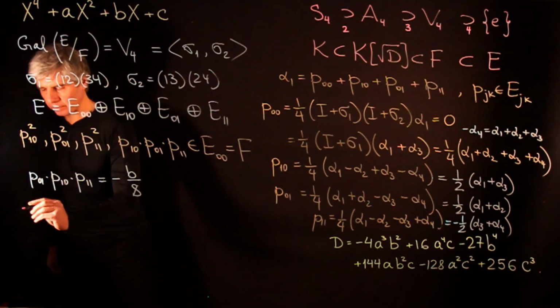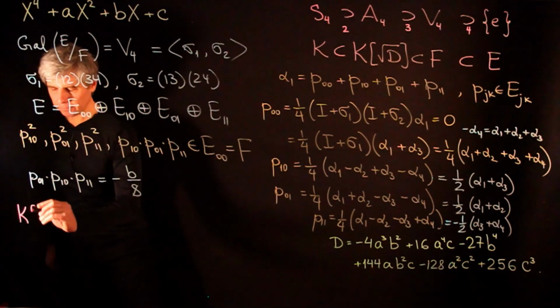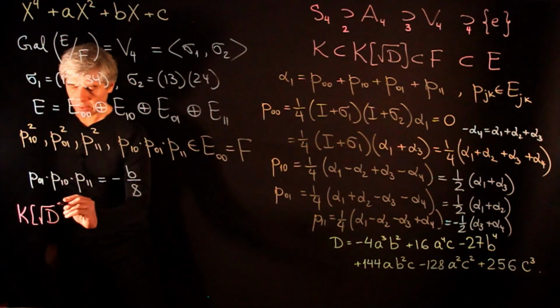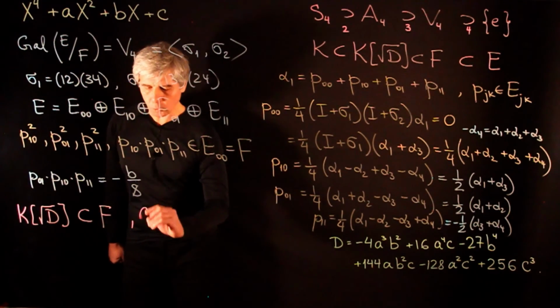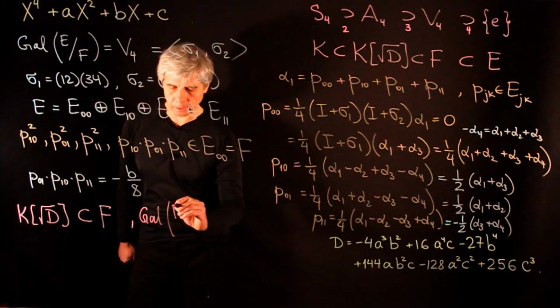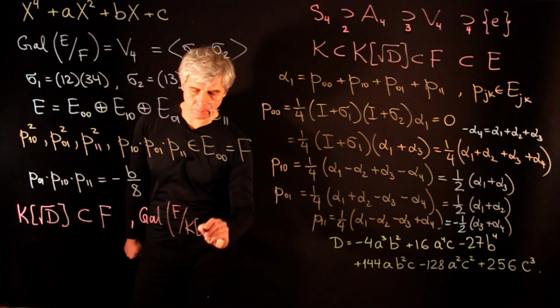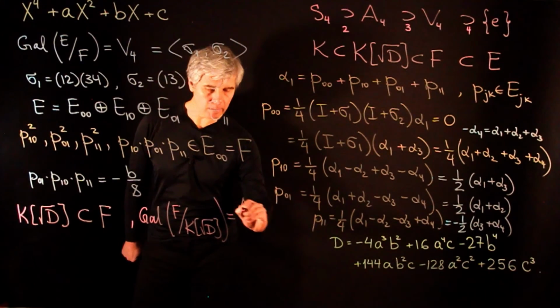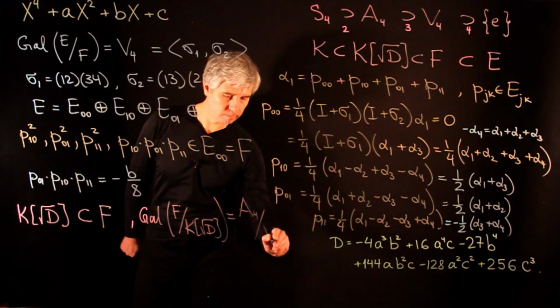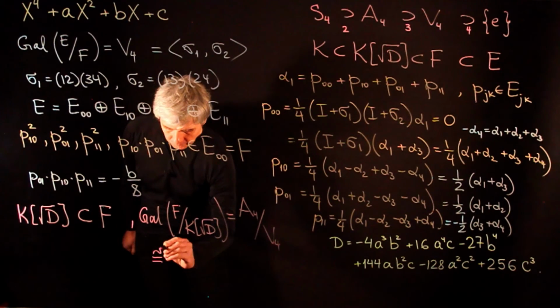Next, we consider the degree 3 extension of K(square root of d) to F. The Galois group here is the quotient of A4 by V4, which is isomorphic to Z3.